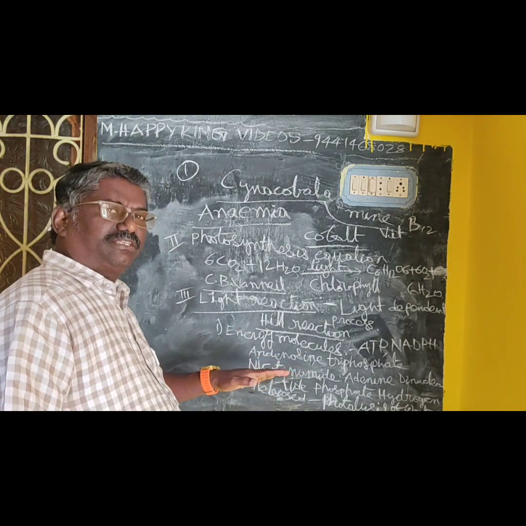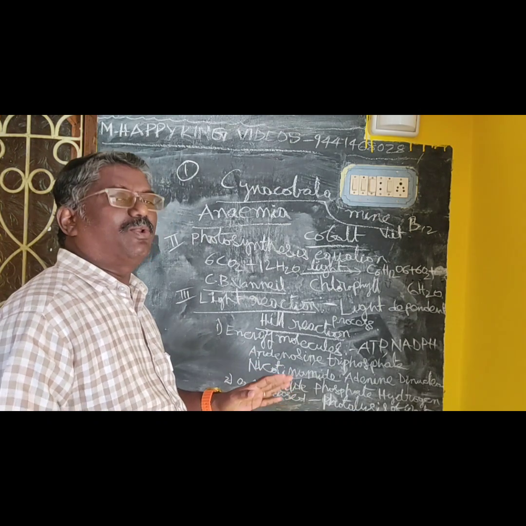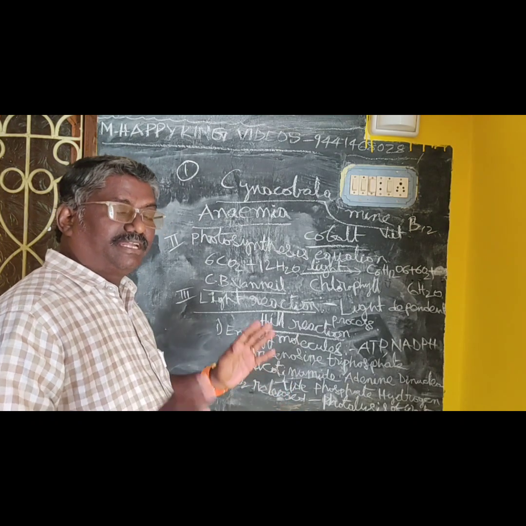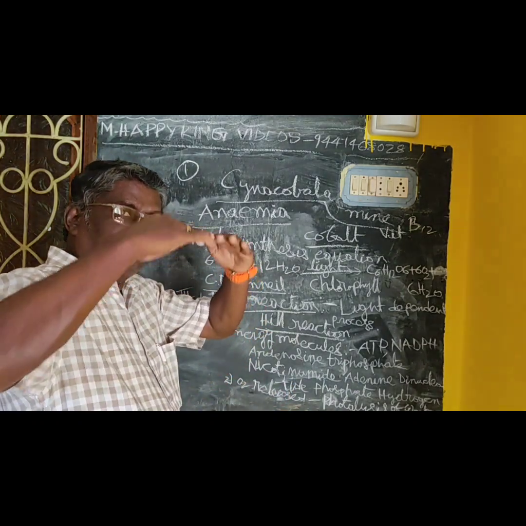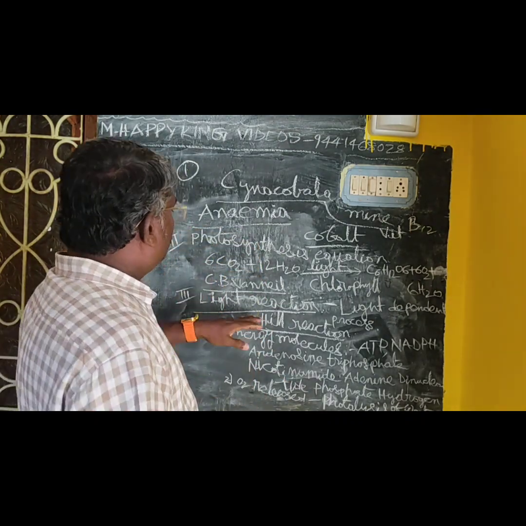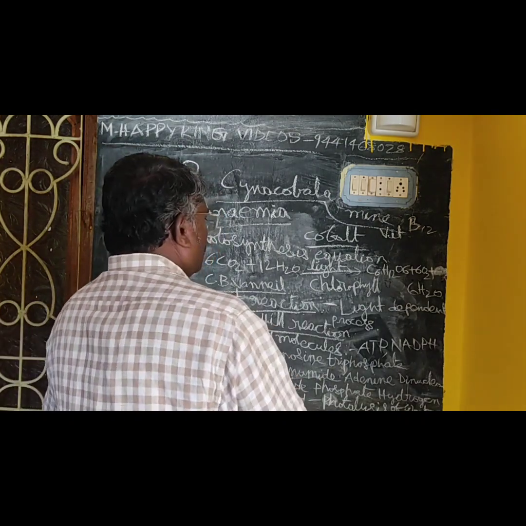This reaction occurs in the thylakoids of the chloroplast. The piles of thylakoids are called grana. So the light reaction occurs in the grana.